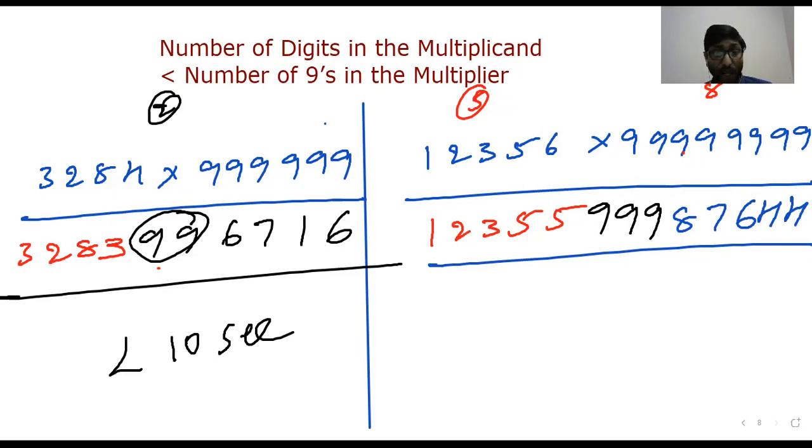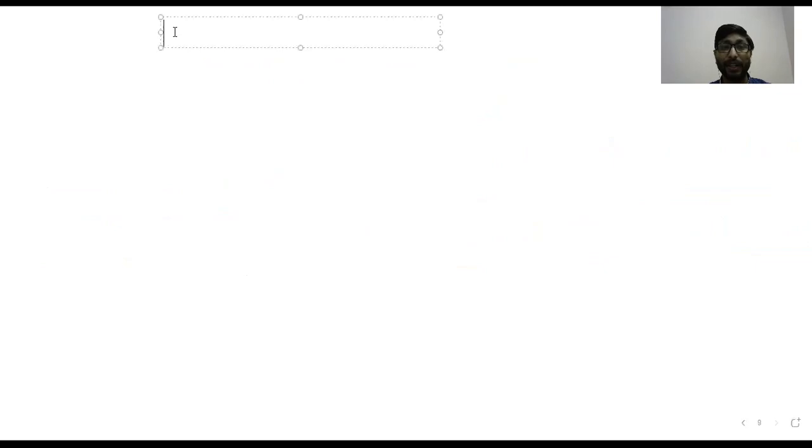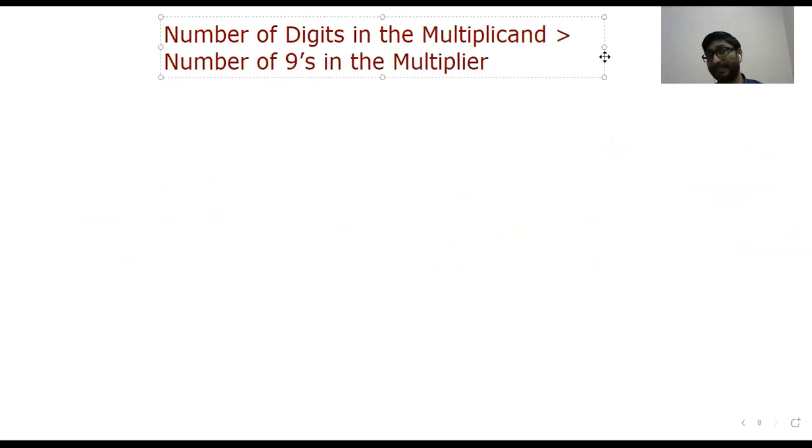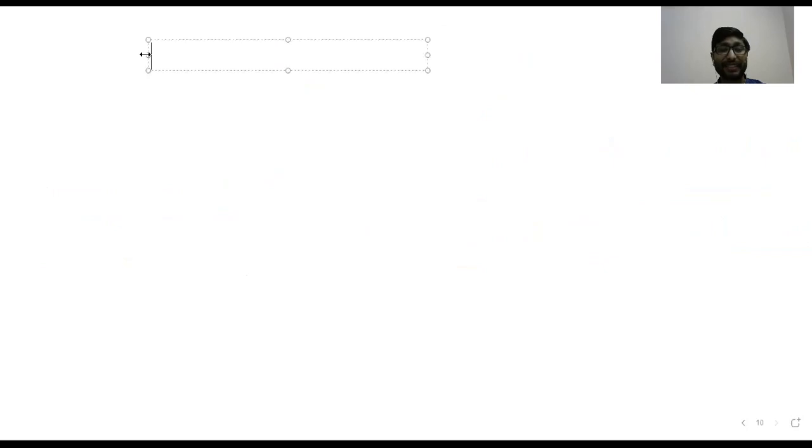The last logic of multiplication by 9. The first logic: the number of digits in the multiplicand is equal to the number of digits in the multiplier. The second: the number of digits in the multiplicand is less than or equal to the multiplier. Now the logic here is: the number of digits in the multiplicand is greater than the multiplier.